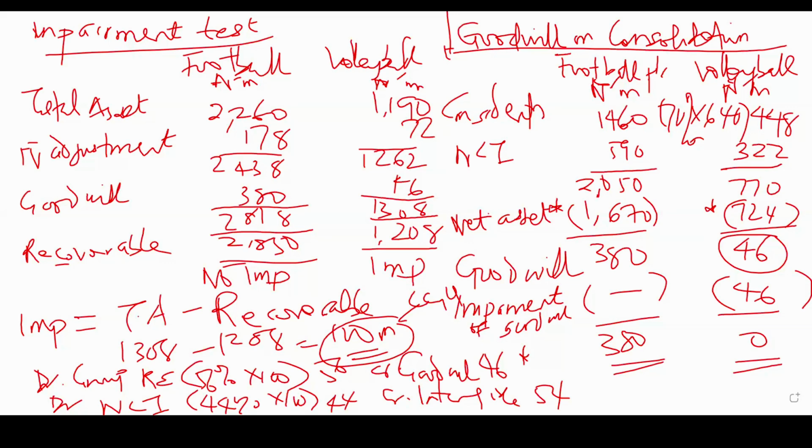It's a loss. You should go to your P&L. So for the group retained earnings, only 56% can go to group. You know why? Because the indirect holding of Sport PLC in volleyball is only 56%. The remaining 44% will go to NCI. Is it clear now?